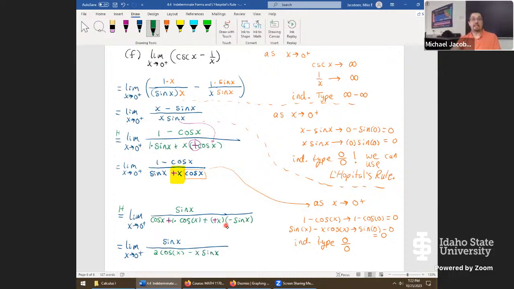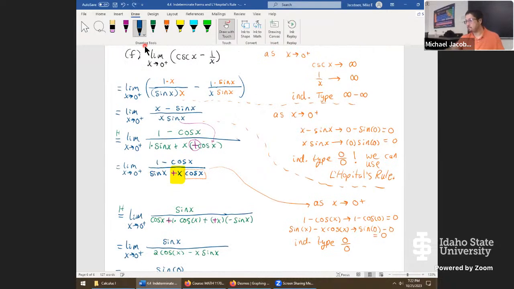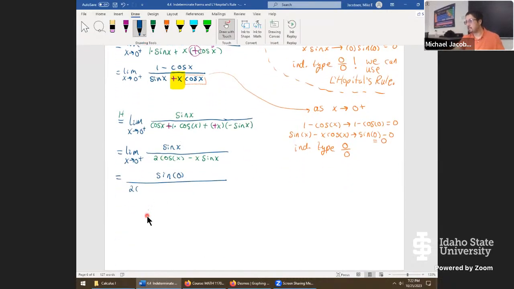And we have a function that is in fact continuous right at 0. We can plug this in. The end result is going to be equal to sine 0 in the numerator. Down in the denominator, it's 2 cosine 0 minus x sine x, that'll be 0 times sine 0.